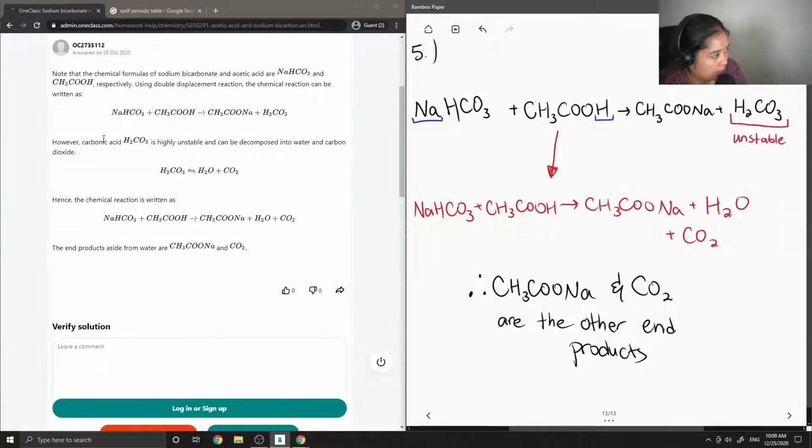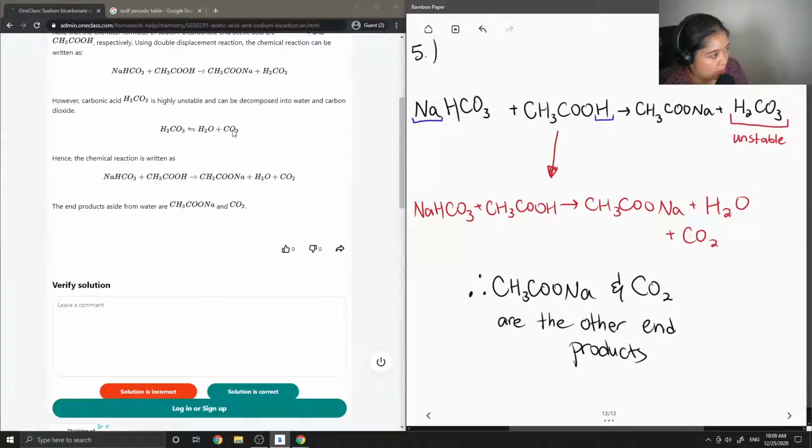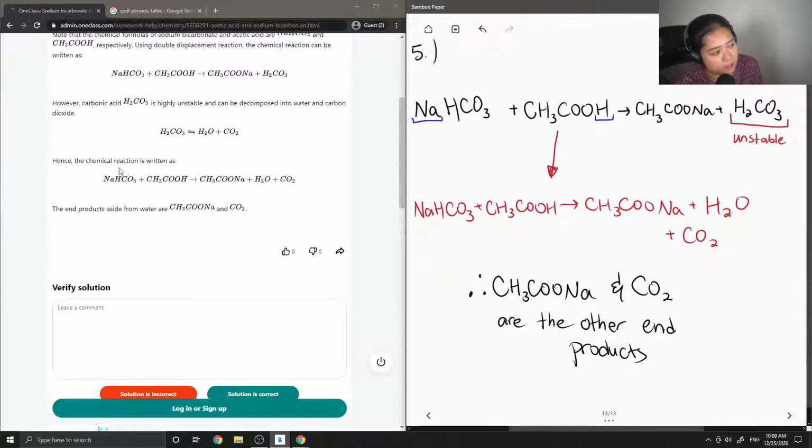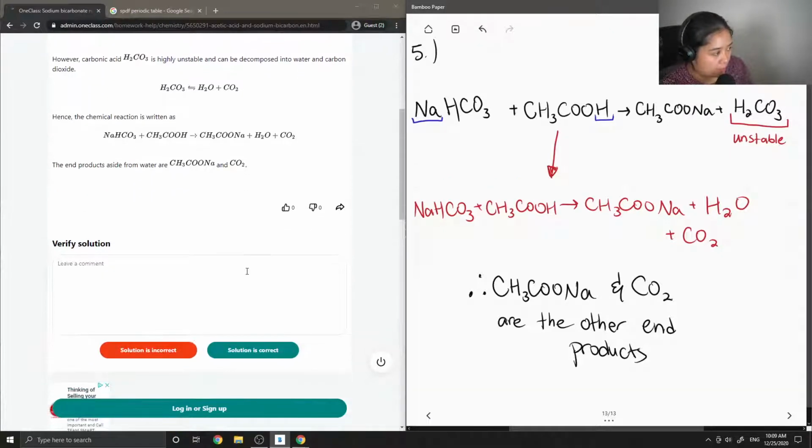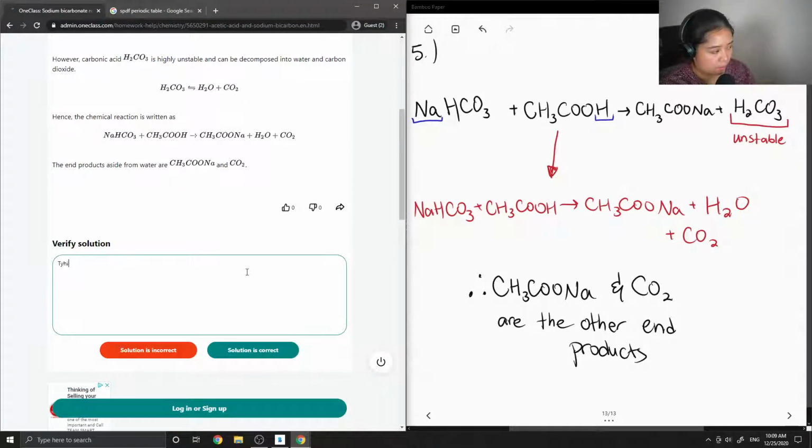However, carbonic acid is highly unstable and can be decomposed into water and carbon dioxide. So they showed how carbonic acid is decomposed. Hence, the chemical reaction is written as sodium acetate plus water plus CO2. Yep, so this solution is correct.